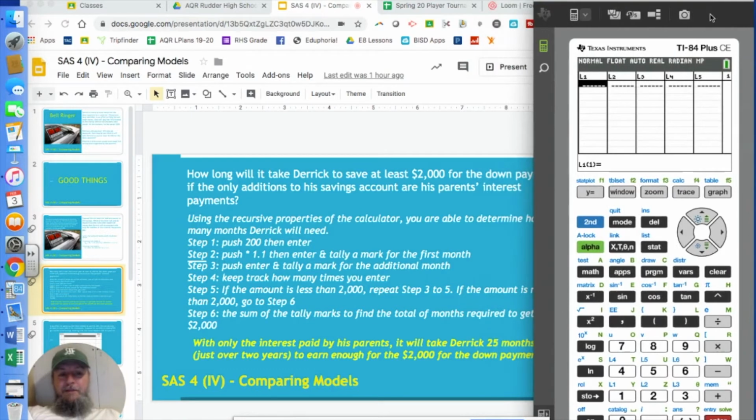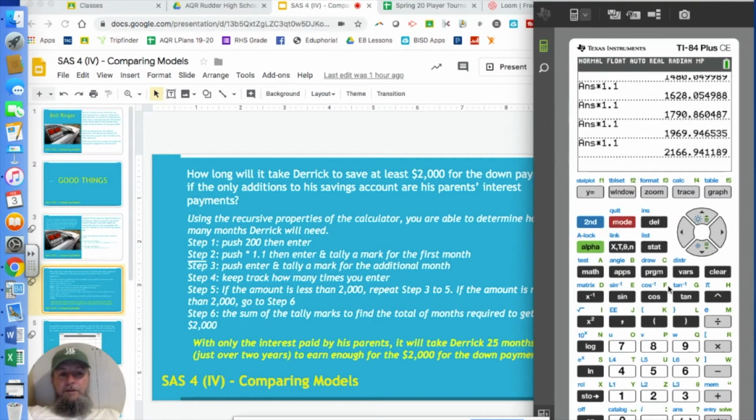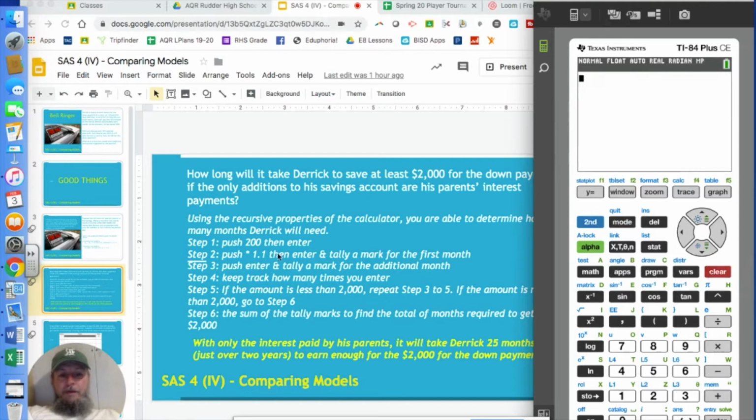Okay, so let's use the recursive process of the calculator to show how this works. We're going to put 200 and then enter. So I have 200. Then the second step is to multiply times 1.1.